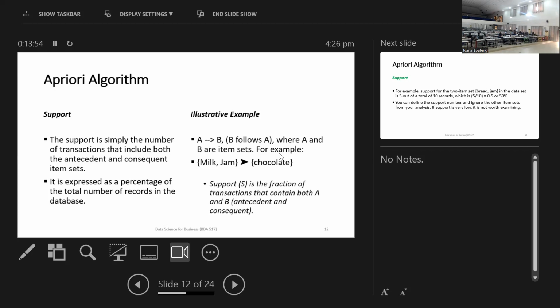Today we are just doing the theory. Next week we'll pick a live database and then we can actually see how it works. But let's assume that we know that.